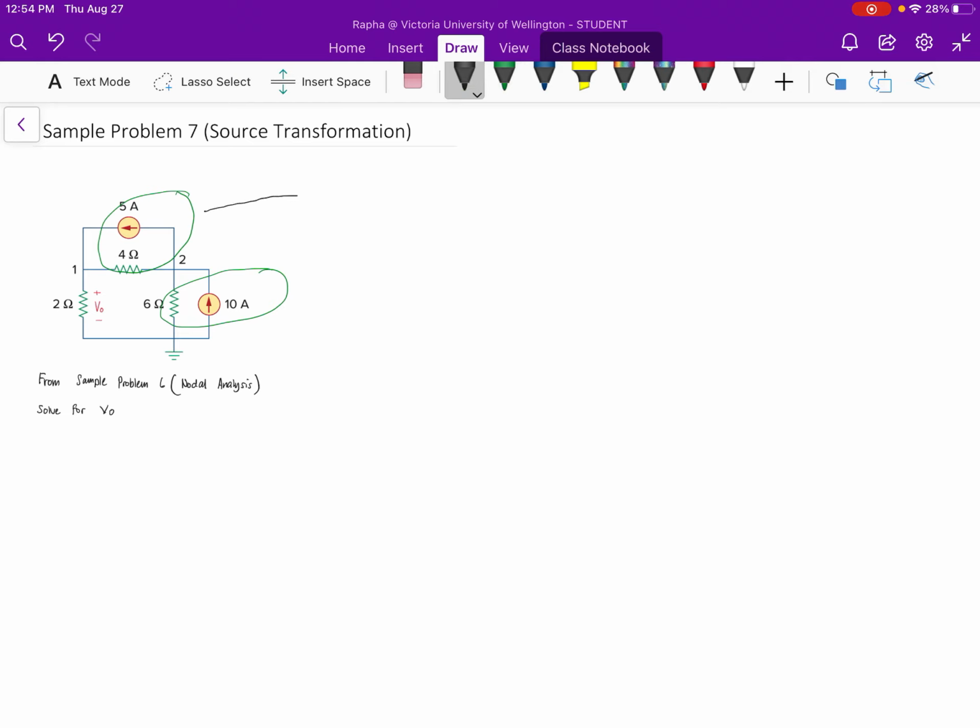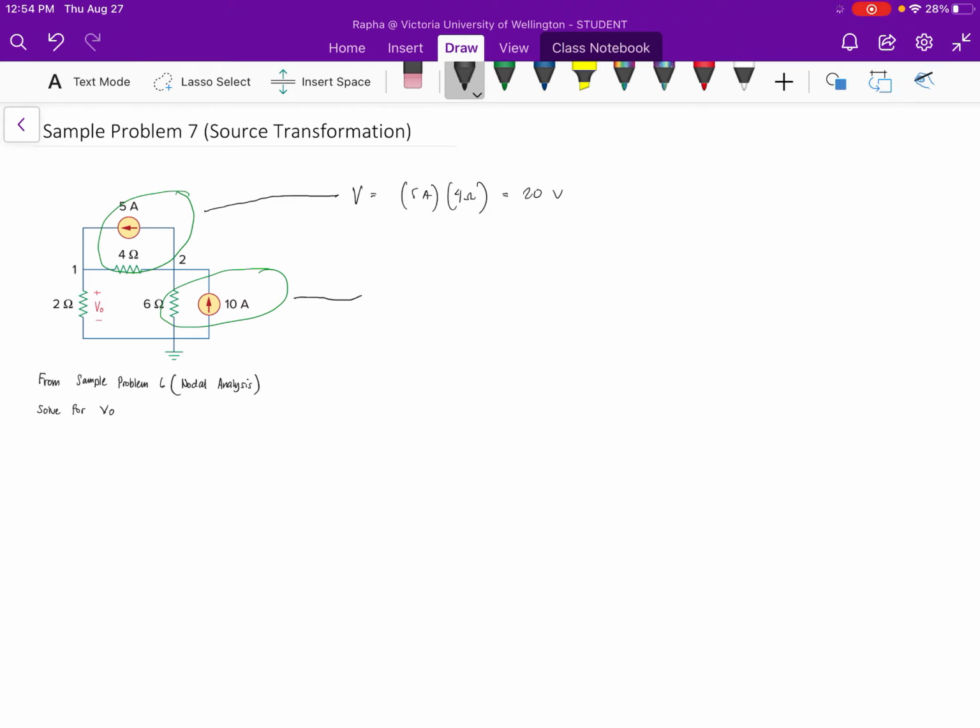I will just annotate in this diagram. The resulting voltage source from this part of the diagram would be V equal to 5 amperes times 4 ohms. That is equal to 20 volts.